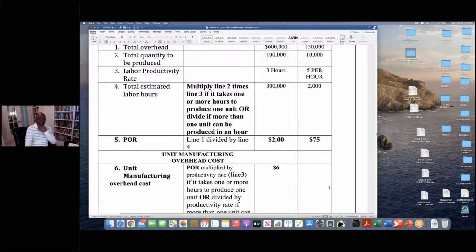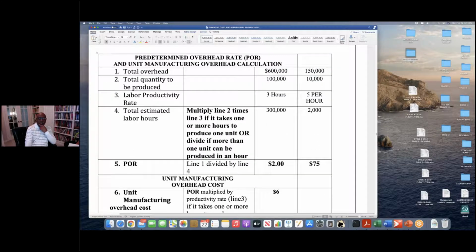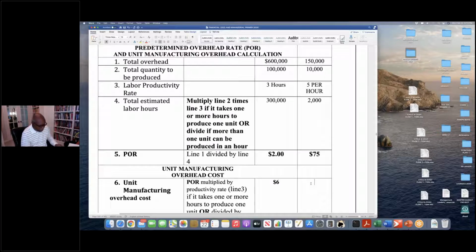And the unit overhead cost would be what? It's going to be 75 divided by 5. How much is that? Because you got to divide. It's 15, I think. 75 divided by 5. Yeah, it's 15.